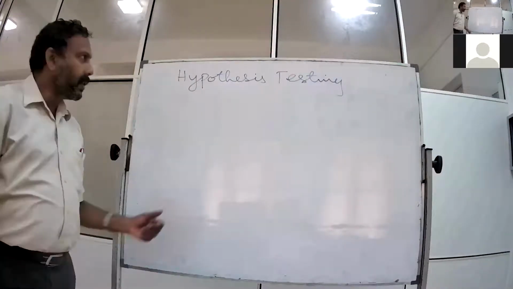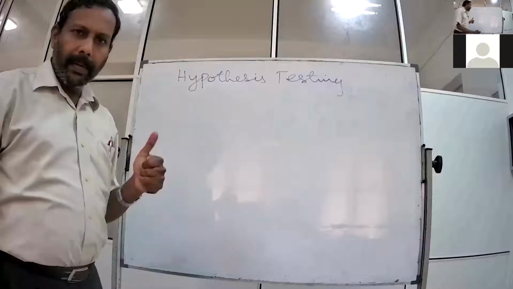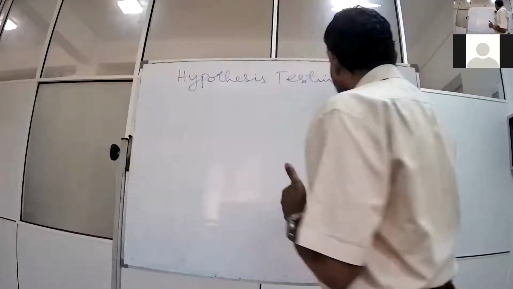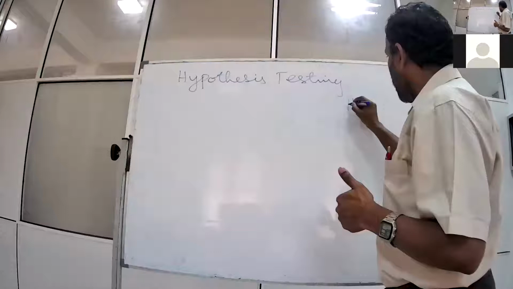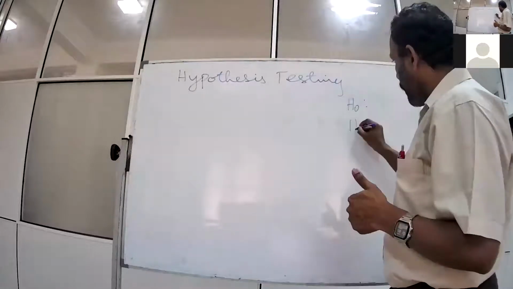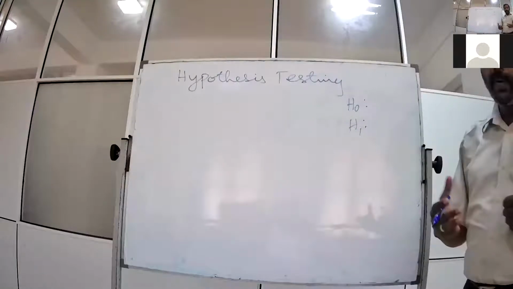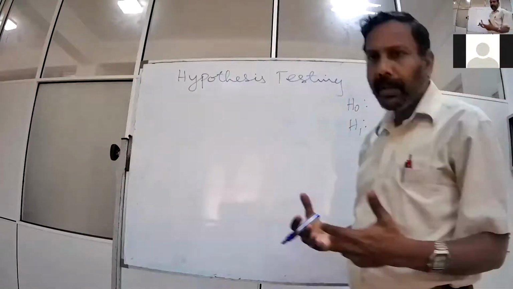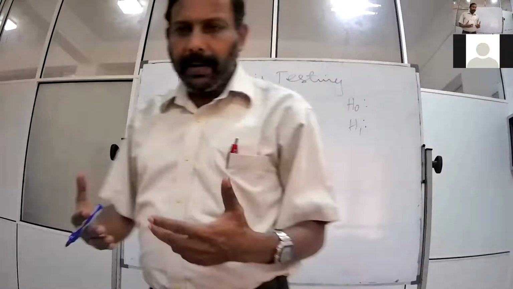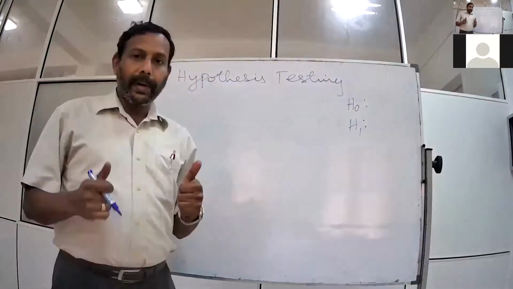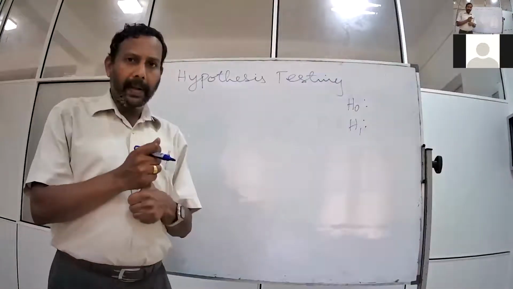In hypothesis testing, two things we learned: how we can develop a null hypothesis, and how we can develop the alternative hypothesis. First, we have to develop the null hypothesis.